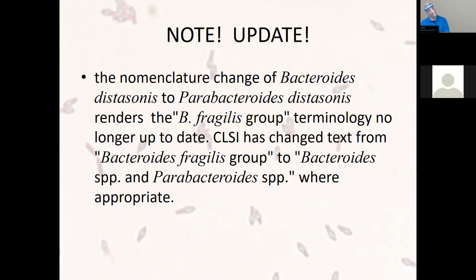I hope this doesn't surprise you that microbiologists have decided to get together and make a name change. They seem to do that quite often. Every couple of years something changes, and we as faculty and you as students get to suffer from it, because we know it one way and then it gets changed to another. Same thing as we did with Clostridium difficile. Now it's Clostridioides difficile, right?